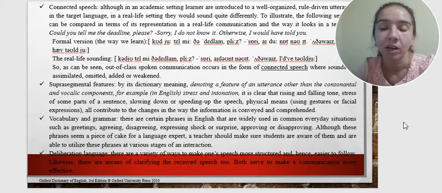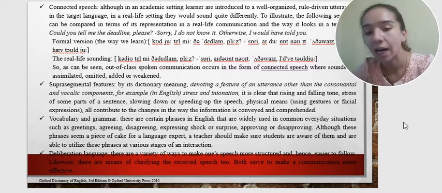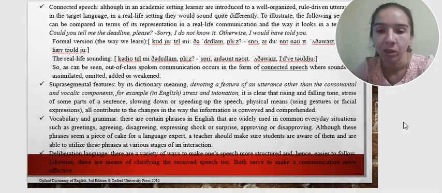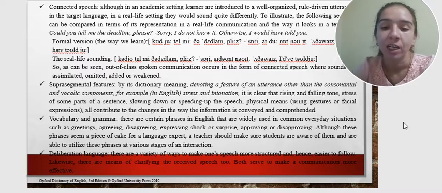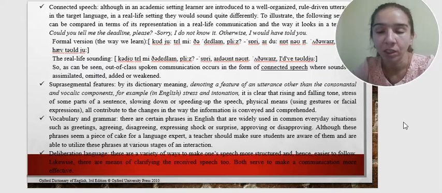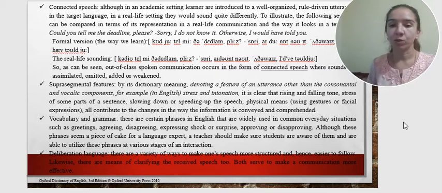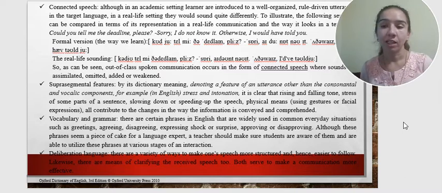So it's clear that rising and falling tones, stress on some parts of a sentence, and slowing down or speeding up the speech, as well as using physical means such as gestures or facial expressions, all contribute to changes in the way the information is conveyed and comprehended. The same piece of information, which is grammatically correct, can mean different things when used with different stress and intonation.